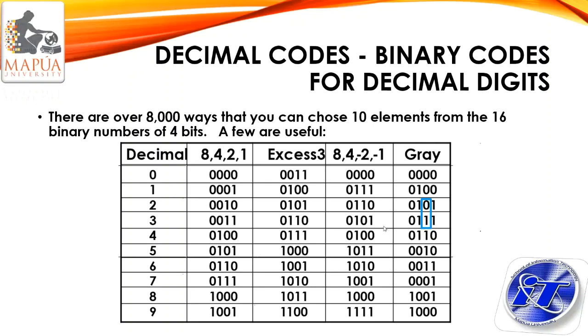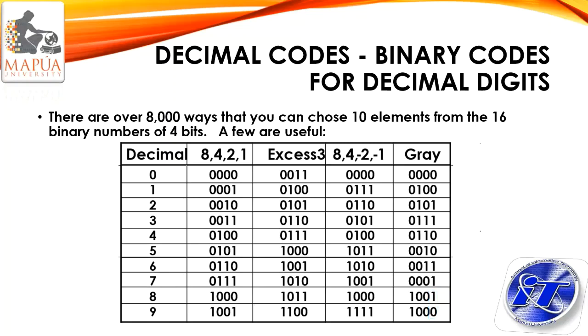Then 3 to 4, this is the bit that changes, then 4 to 5, only one bit, this position. 5 to 6, 6 to 7, 7 to 8, and 8 to 9. So one bit changes from one value to the next higher value, and there's no repeating pattern for gray code. Don't forget that.